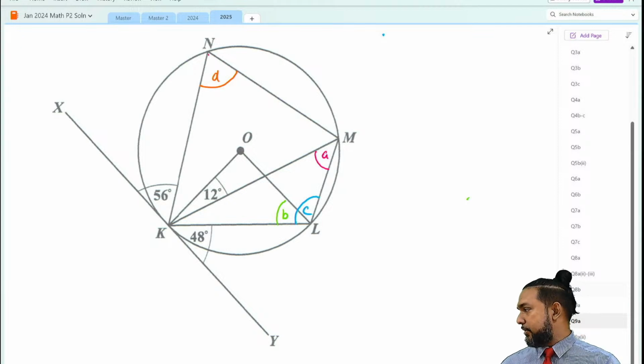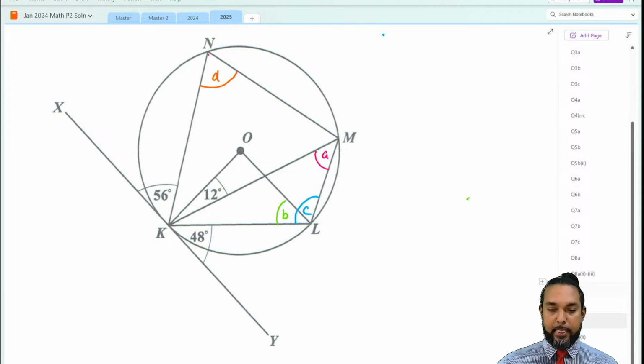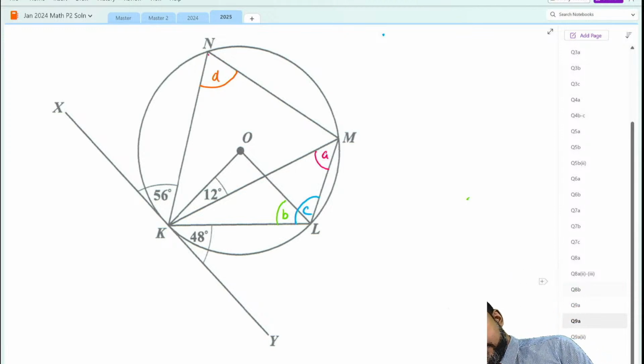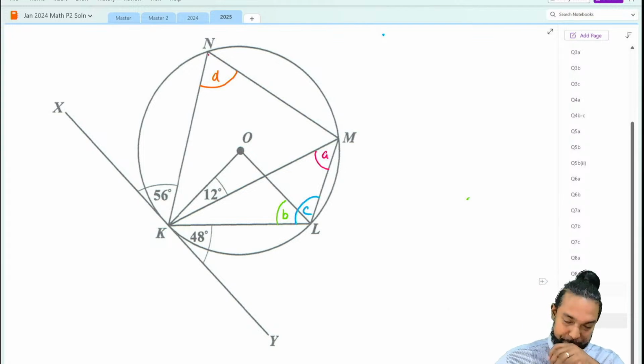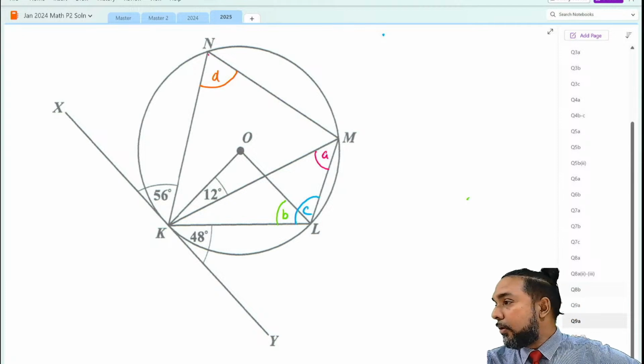Of course, if anybody has any questions, if you get stuck, if you're not sure what to do, let me know. Which angle are we finding? We're finding all A, B, C, and D.